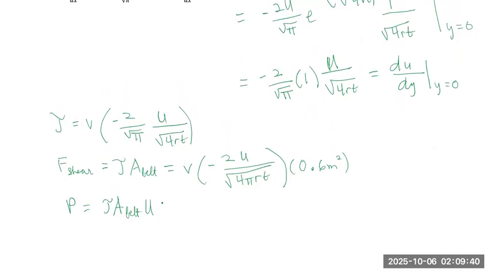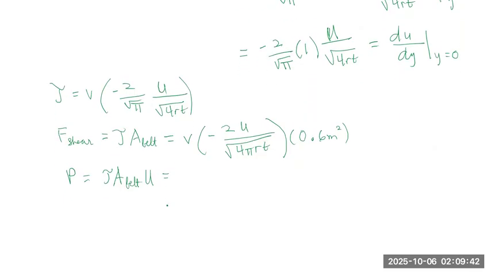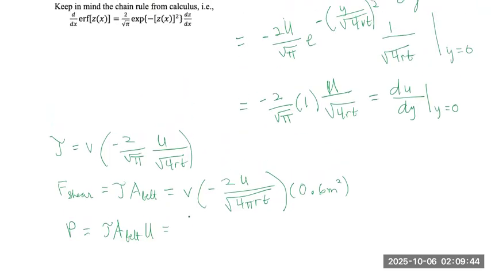So then this is equal to -0.3 u v over root 4 pi vt times u. So we can actually just put it over u squared.